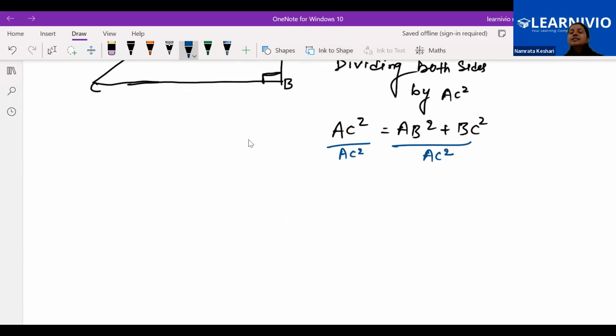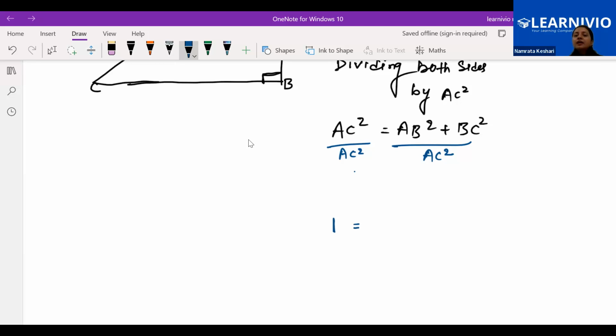What is AC? AC is the length of the side, the length of the hypotenuse. It can be 5, 10, 20, 30, or X. So instead of writing X, Y, Z, we write AC, and we understand it's just the length of the side. Now AC square by AC square is 1.